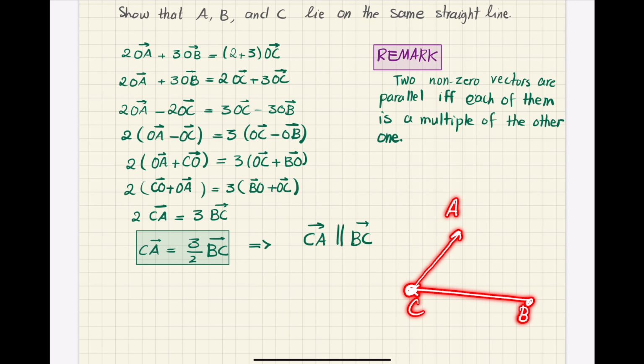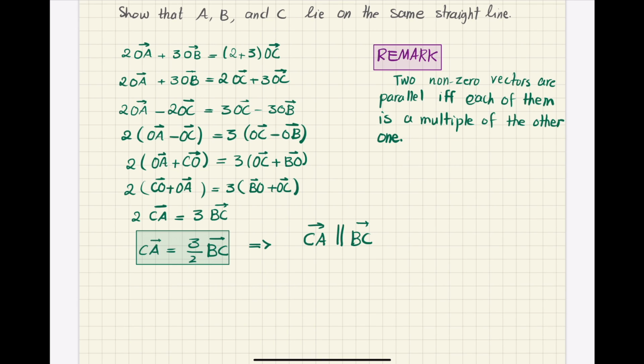If this situation happens, and if A, B, and C are not on the same straight line, this cannot happen. Yes? Because CA and BC are parallel, and they share a common point. Do you understand what it means? So I have this one and this one. I want to make my finger parallel to this pen, keeping this point. Yes? So I have to put them in the same straight line.